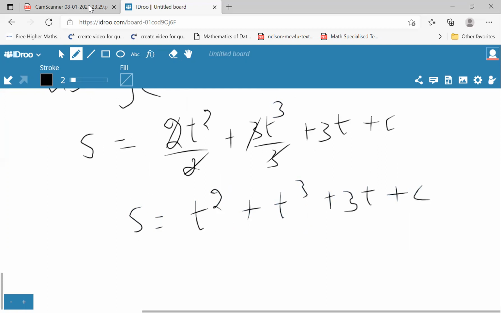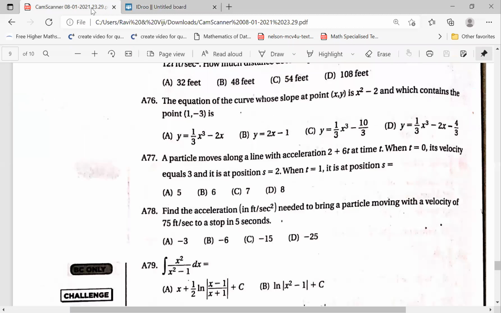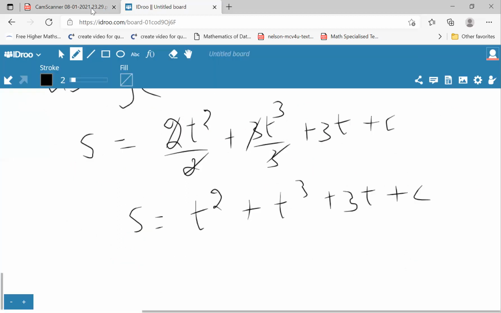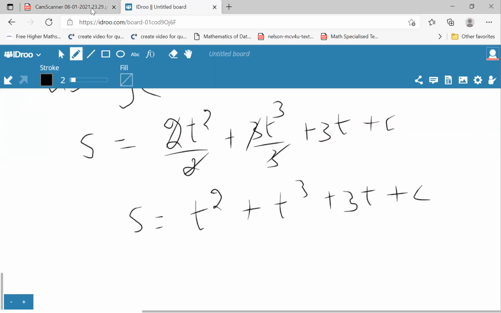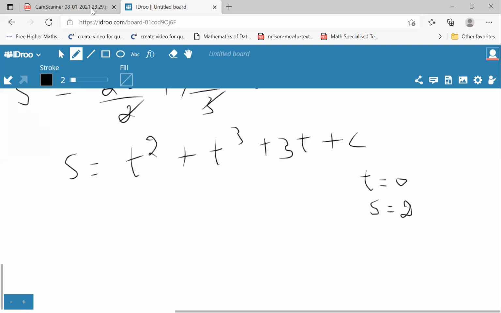Now to find out the value of c, he says s is equal to 2, velocity is 3, right? So when t is equal to 0, the position s is equal to 2. So let us now put, you can see that 2 is equal to 0 plus 0 plus 0 plus c.